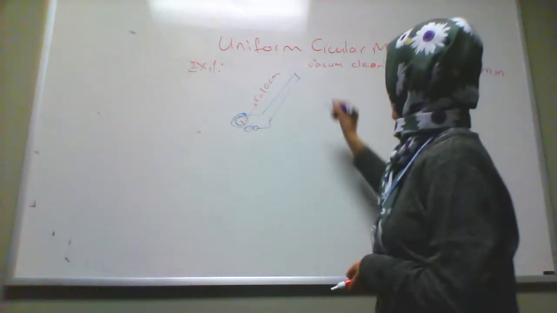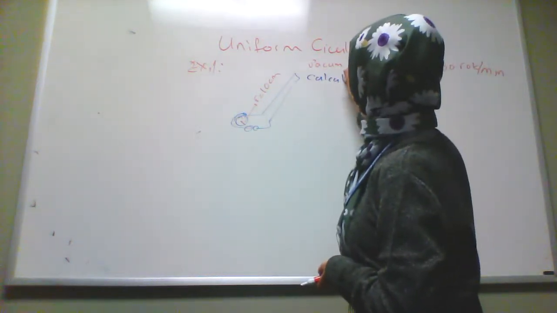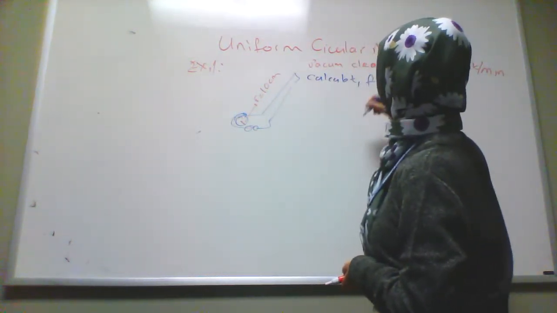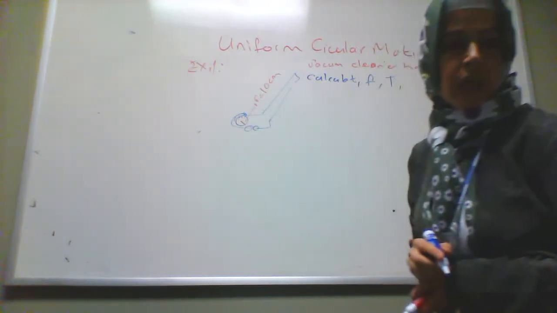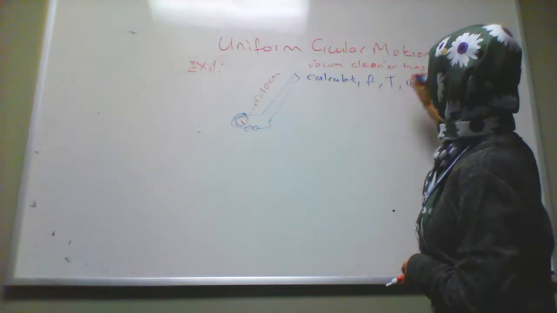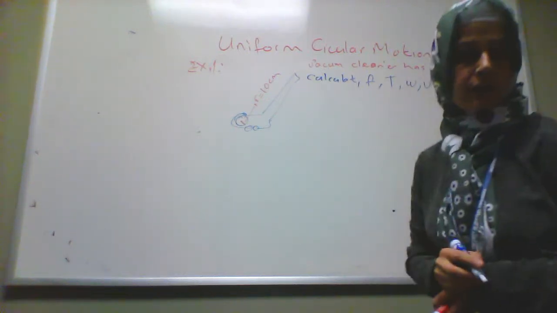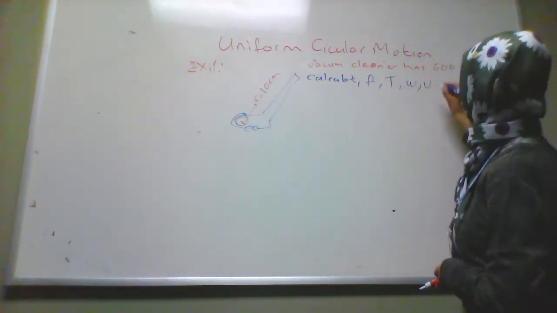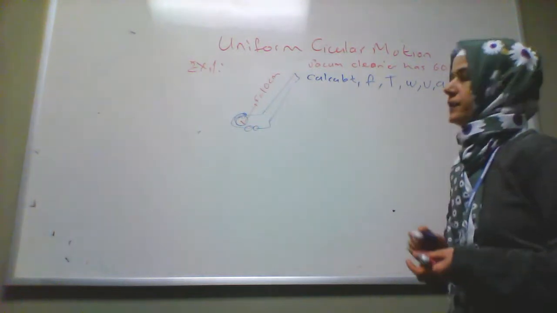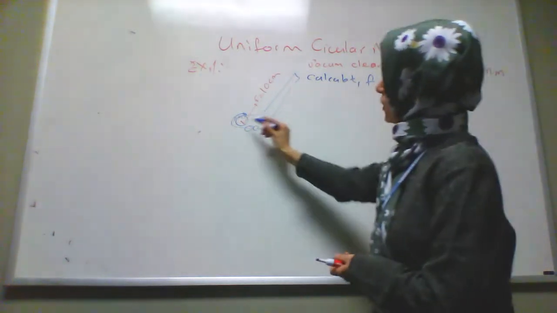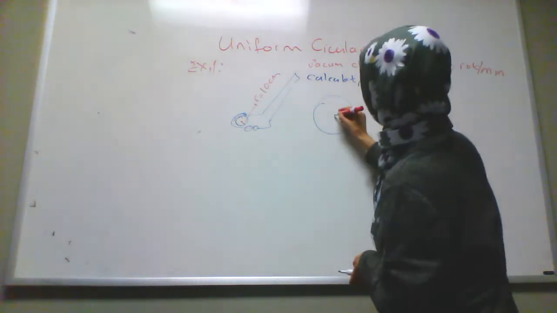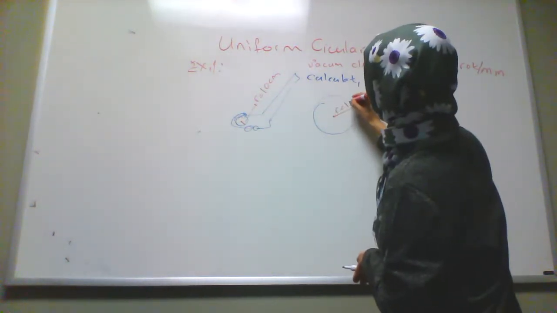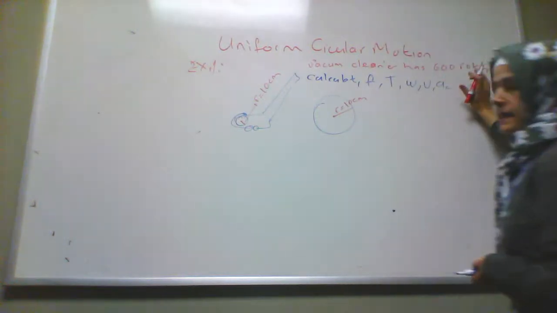And the question is asking me to calculate frequency F, period T, angular velocity, linear velocity, and AC, acceleration. Let me draw this in here separately and larger. So we have R equal to 10 centimeters.